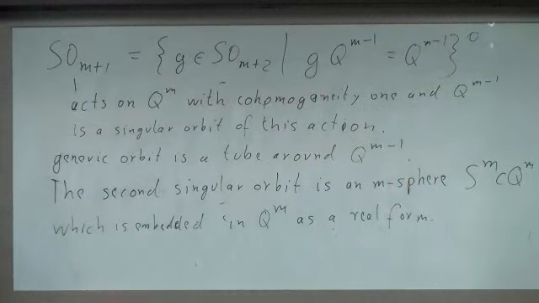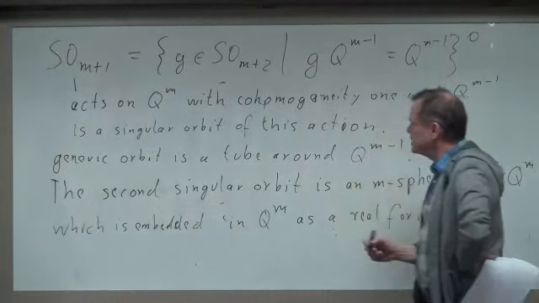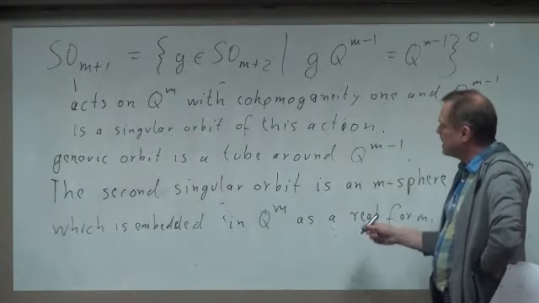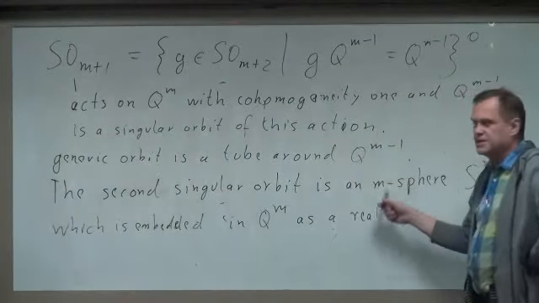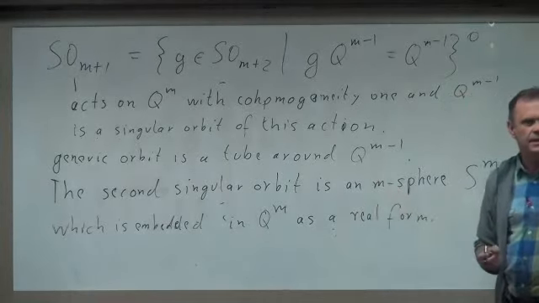And we heard this 2 days ago in 2 talks by Tanaka and Sakai. A real form is a totally geodesic, totally real, half-dimensional submanifold of the space. So these generic orbits, or the homogeneous hypersurfaces, can equivalently be seen as tubes around this real form Sm.